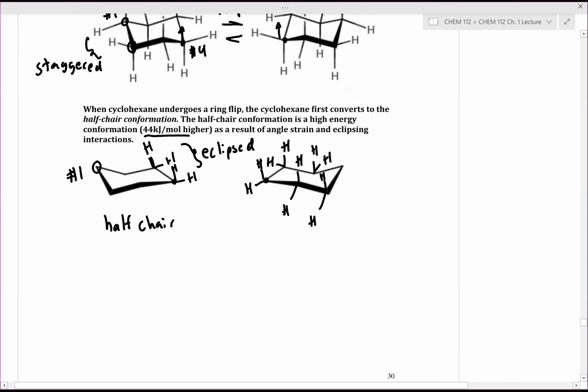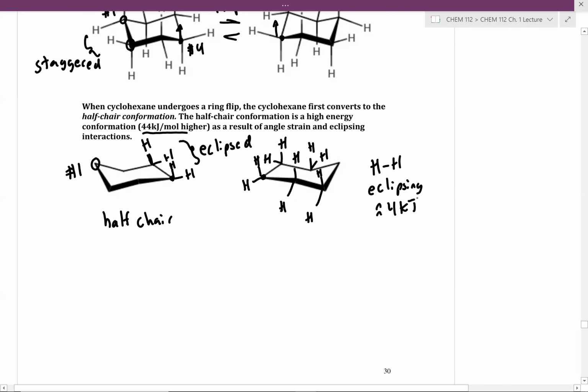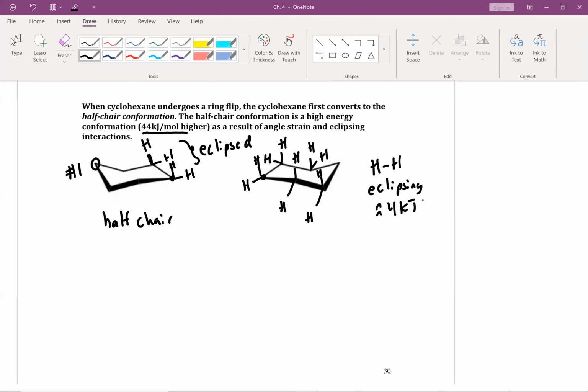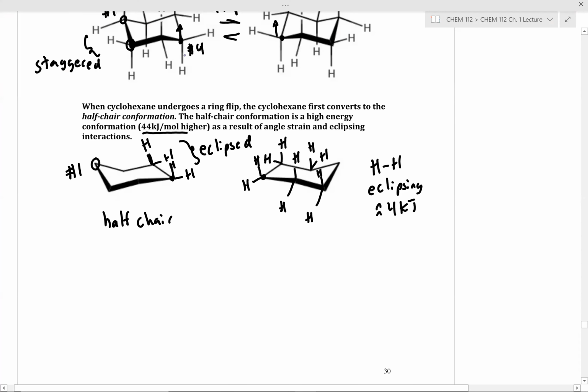Just to give you a sense of where this is coming from, recall that a hydrogen-hydrogen eclipsing interaction is approximately 4 kilojoules. So if we count up each of our interactions, we can get a sense of just about how many of these eclipsing interactions we have.